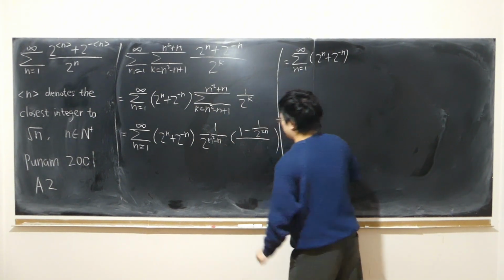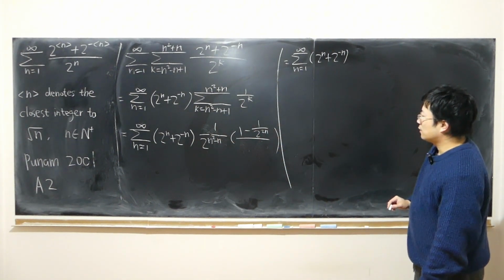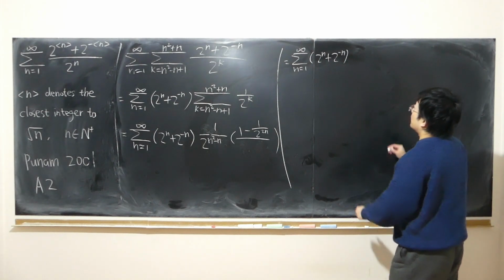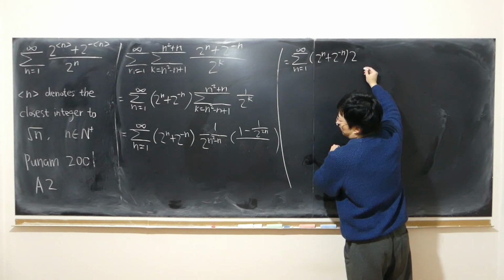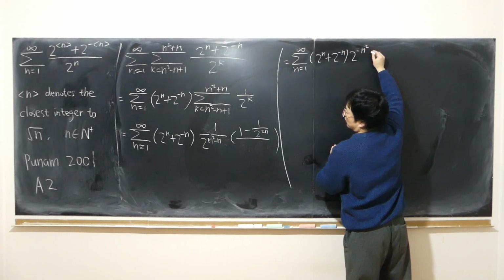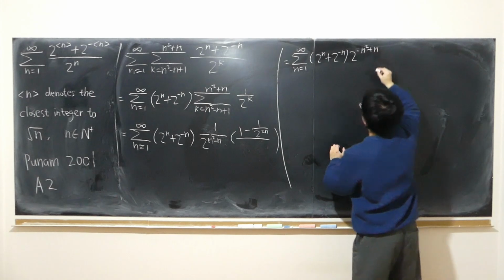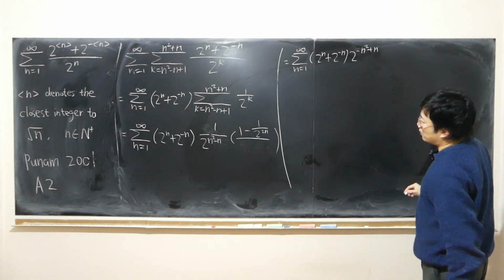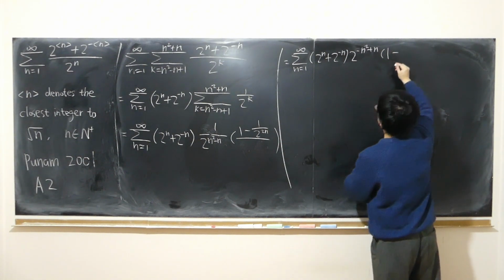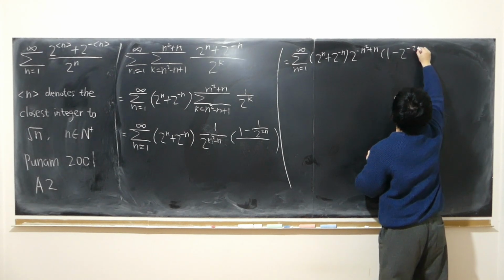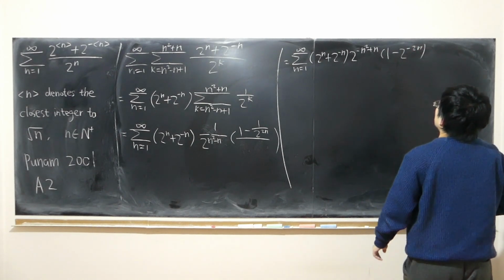Right, gone. Then you rewrite it as 2 to the negative n squared plus n. Write it in this way, flip it. Then you multiply 1 minus, again flip it, write it as 2 to the negative 2n. Right, then you can multiply.